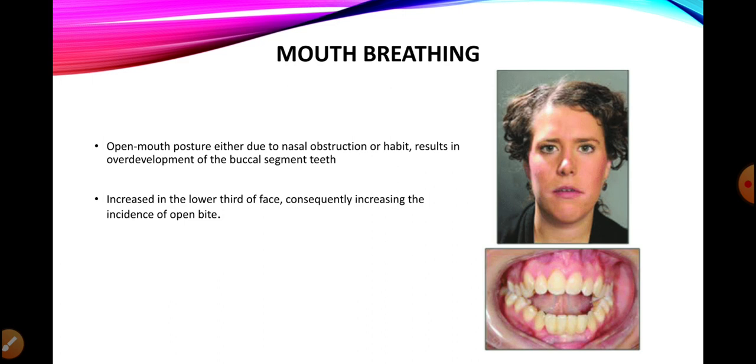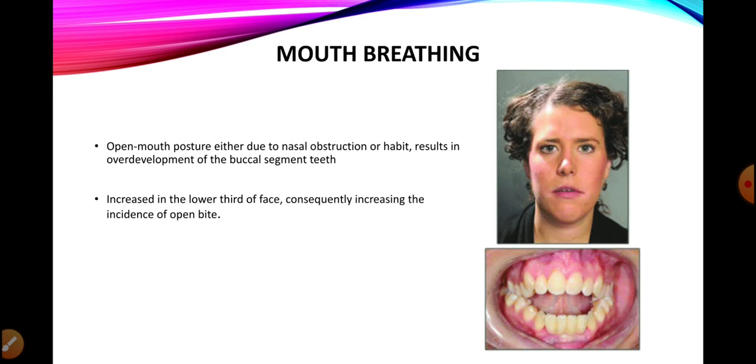So the next etiological factor that may be involved in an anterior open bite is mouth breathing. There are patients who have difficulty breathing because of nasal problems, nasal polyps or DNS. It may be adenoids because of which they cannot breathe properly through their nose, or enlarged tonsils.